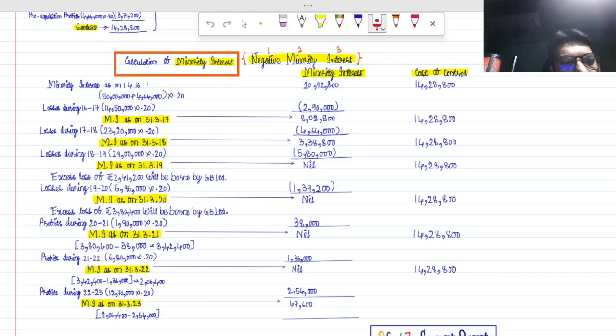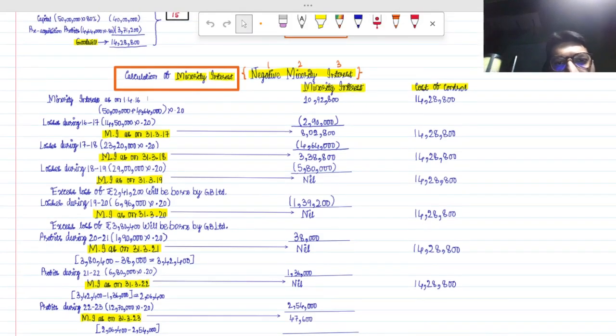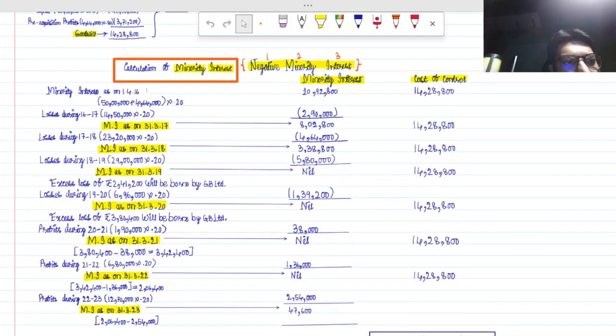Losses during the year, this is the entry. You need to calculate the minority interest portion, and you need to deduct the losses from it.